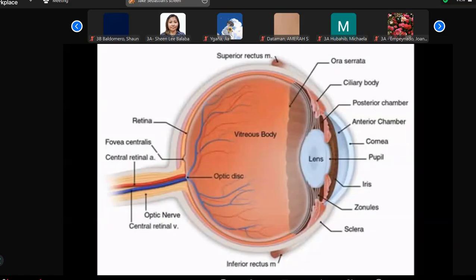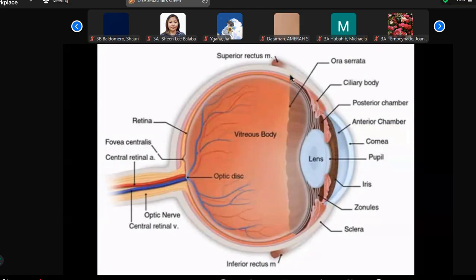Yesterday we discussed this. Bright light. Yes, I know light, but which part of the nervous system? Parasympathetic. Constriction, parasympathetic. Very good. Dilation. Sympathetic. Okay, sympathetic.